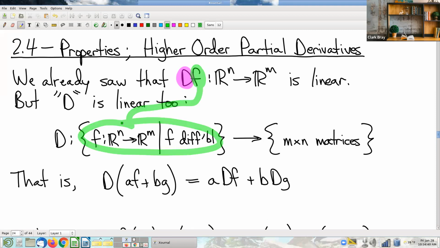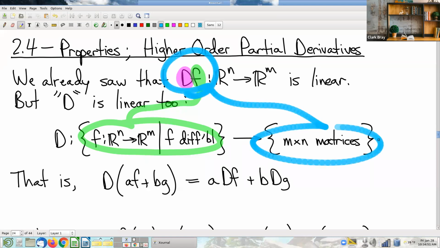D is something you do to a function, right? And then what do you get when you do D to a function? Well, what you get is a matrix of appropriate dimensions. So it's kind of weird to think about it this way, but D can be thought of as a function technically, but people like to think of it as such a weird function.